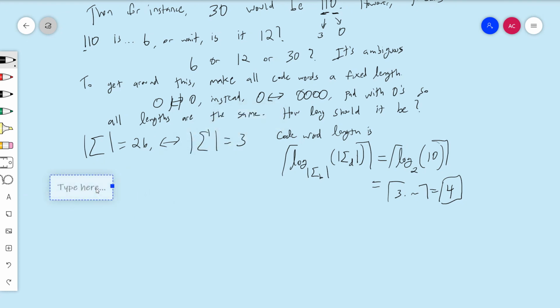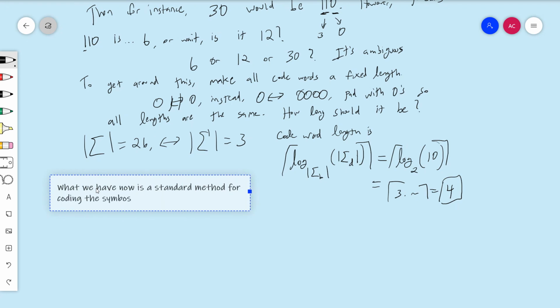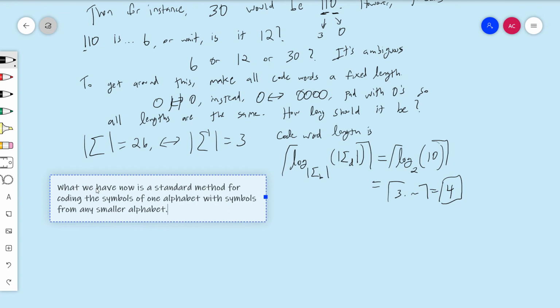What we essentially have is a standard method for coding the symbols of one alphabet with symbols from any other alphabet, any smaller alphabet, I should say. So let's do one more example of this.